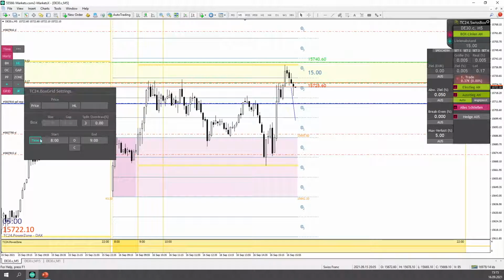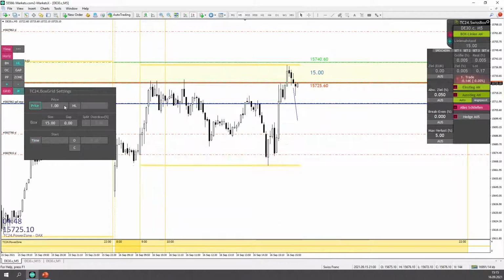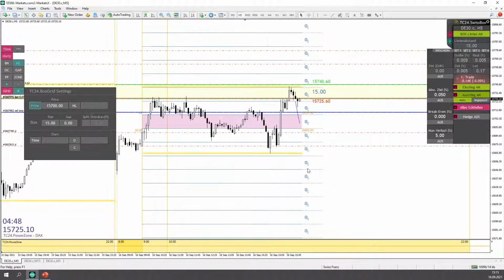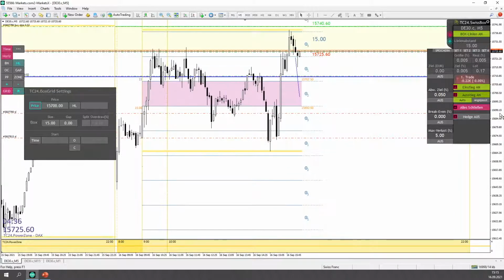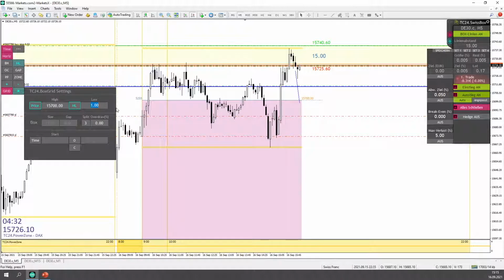But if you don't like to use different price levels every day, for example, if you place them based on an opening price, you can also use custom price levels. For example, you use a big number like 15,700, and then every day you have the same price levels, dependent on whether you're 100 points above or below. You can also use a high and a low for placing a grid.